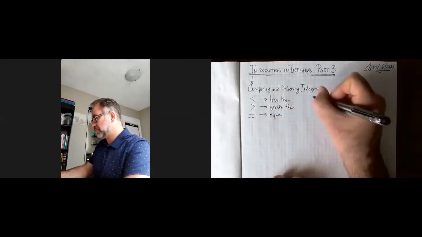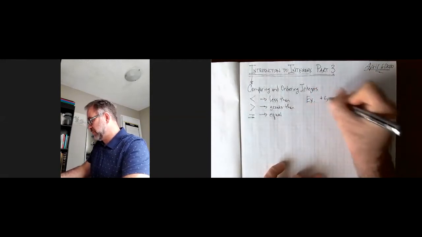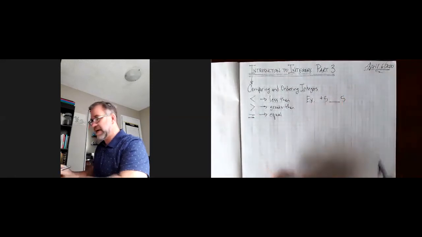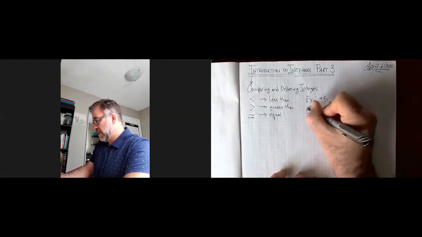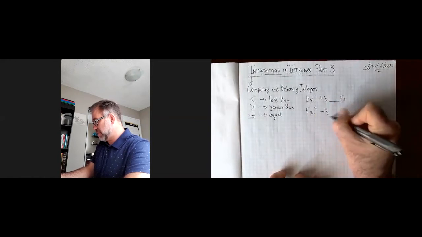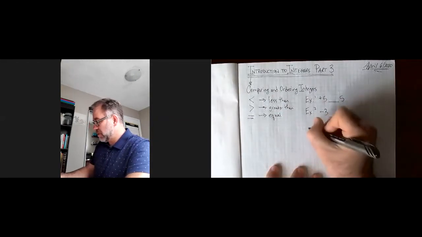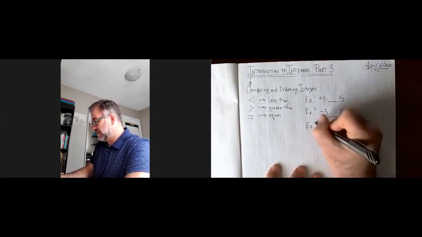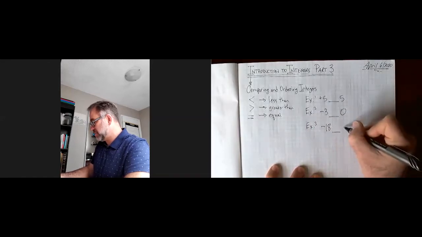So if we had something like positive 5 being compared to 5, if we had something like negative 3 compared to 0, and if we had a third example of something like negative 18 compared to negative 10.